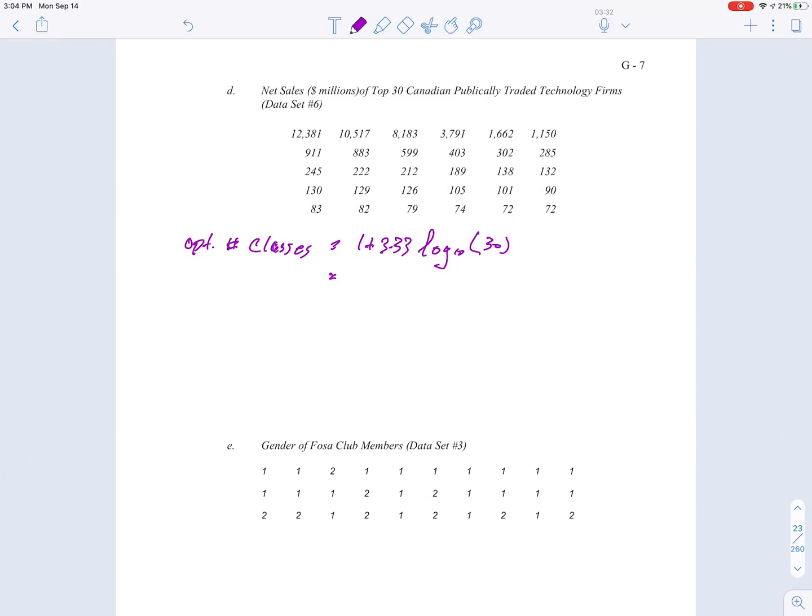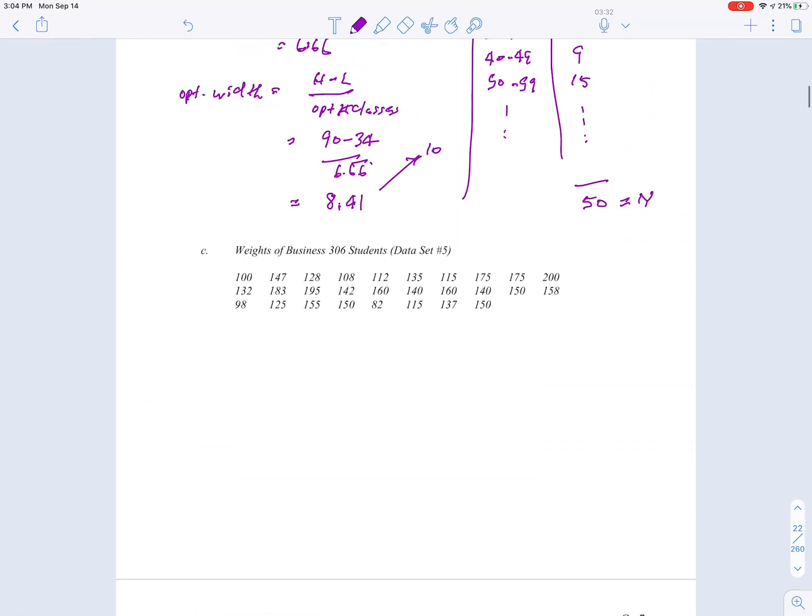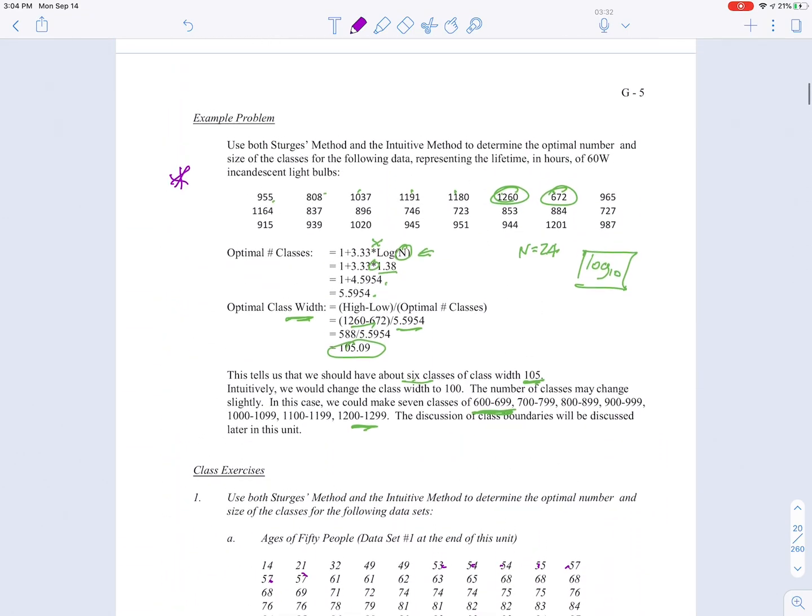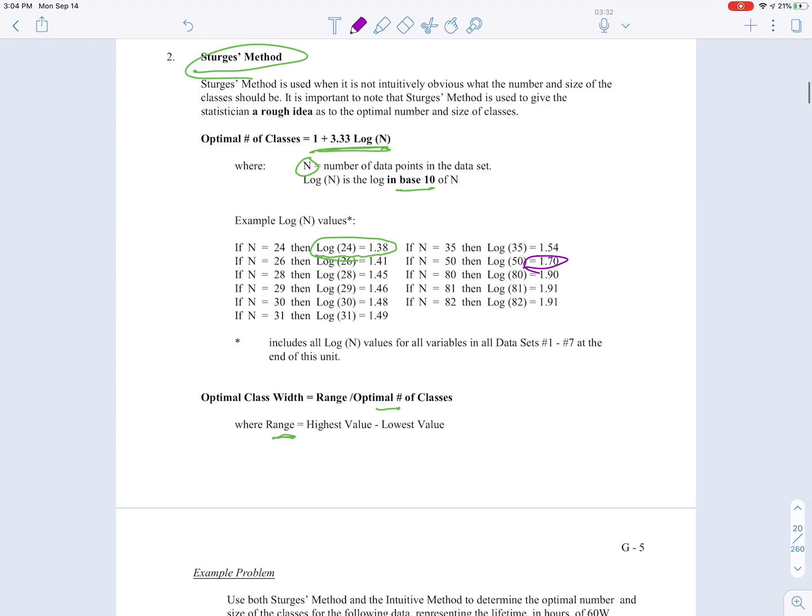So that's going to be 1 plus 3.33 times, and then I'm just going to go back some pages here. And again, your calculator should show you this. Here's the log of 30 right here. So it's 1.48.